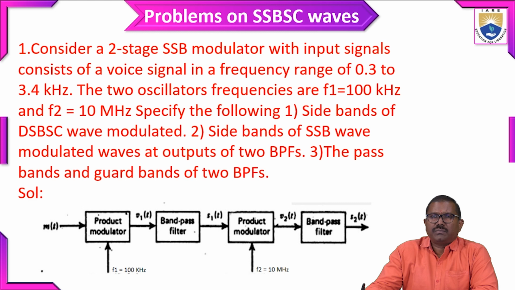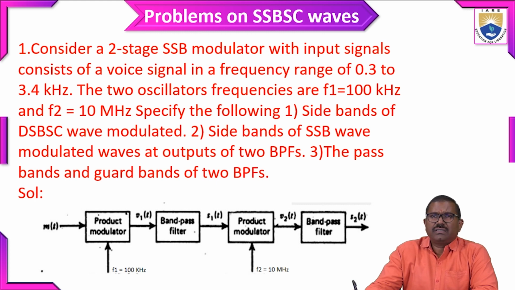In this problem, the following parameters are to be calculated. The first one is the sidebands of the DSB-SC modulated wave. The second one is the sidebands of the SSB modulated waves at the outputs of the 2 BPFs. The third is the passbands and guard bands of the 2 BPFs.